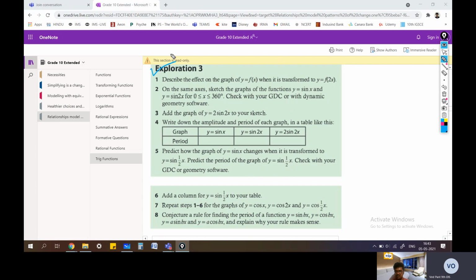So when it's f of 2x, the frequency increases and the wavelength decreases. Yes.